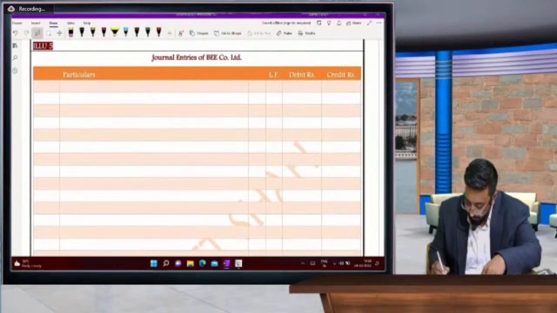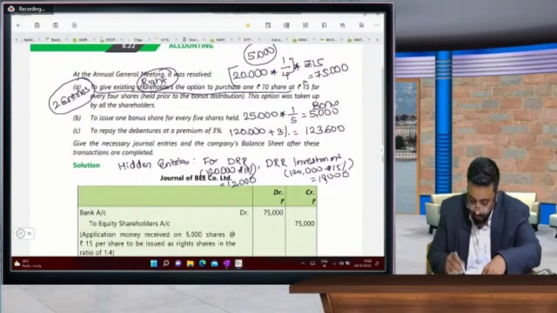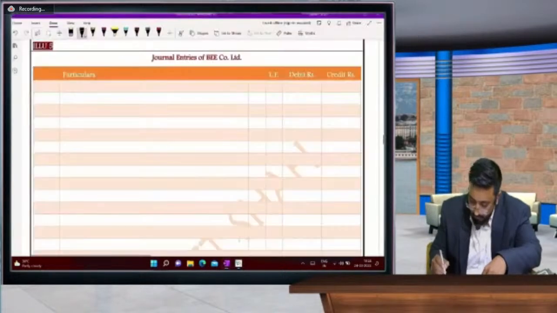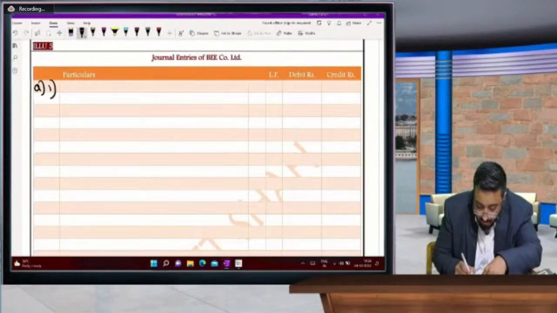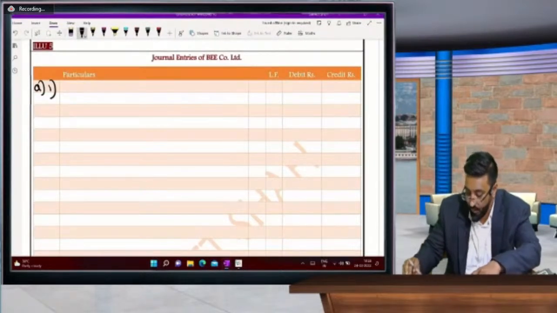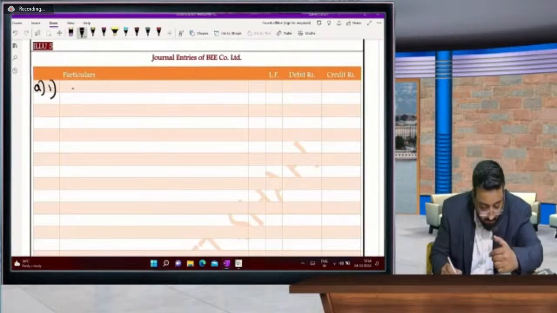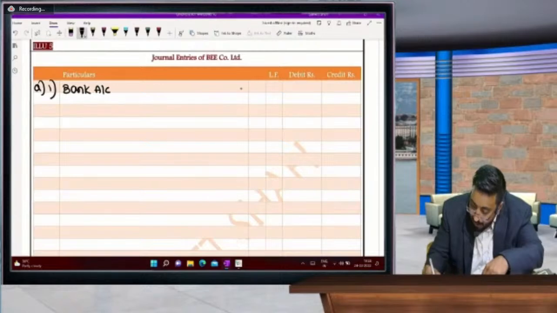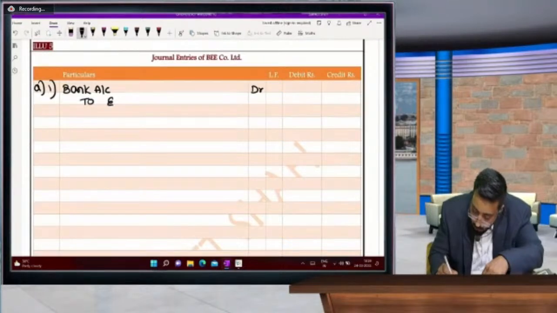Now here, number A, rights shares. What are the entries for rights shares, beta? First entry: bank account debit to equity share application.